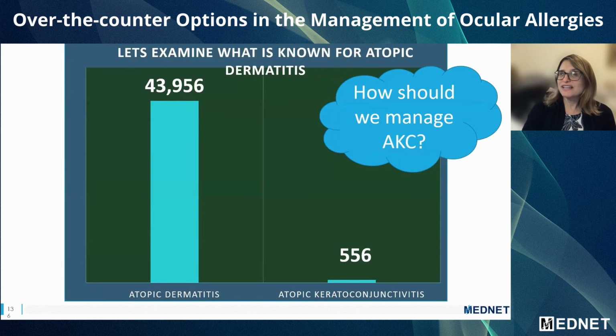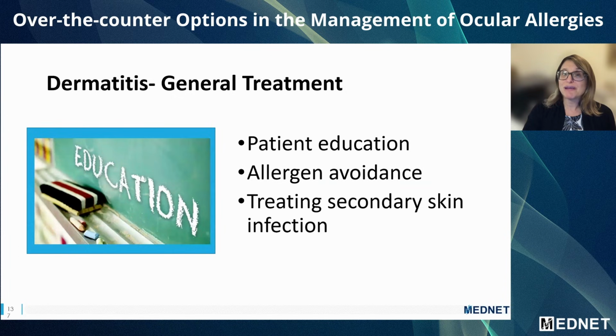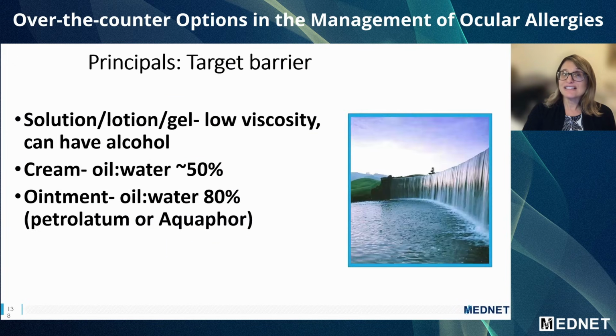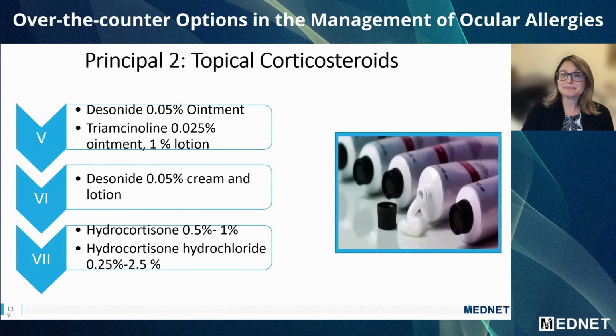And if you look at it, there haven't been as many publications on AKC as on atopic dermatitis. So we really look to the atopic dermatitis literature to help us understand how to manage AKC. And so the principles are really patient education, allergen avoidance, treating secondary skin infections, and targeting the barrier disruption, mostly with ointments.